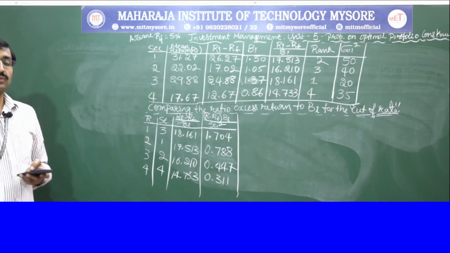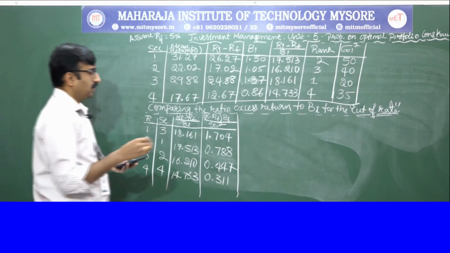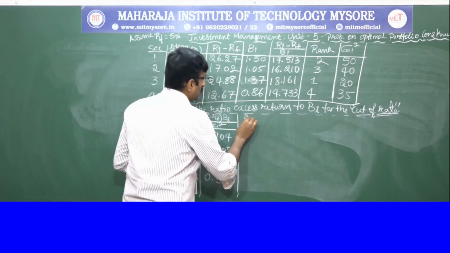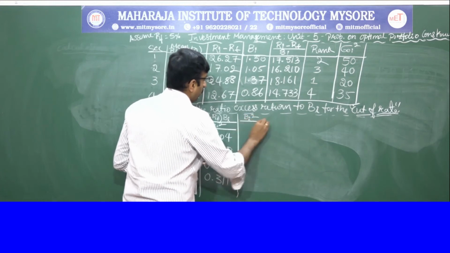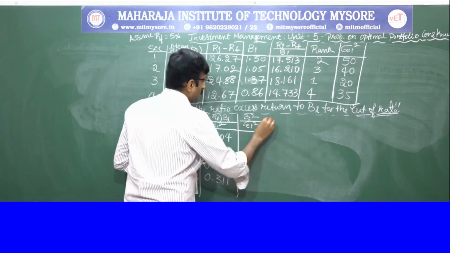Hope you got it. So then moving on to beta square divided by standard deviation Ei square calculation.